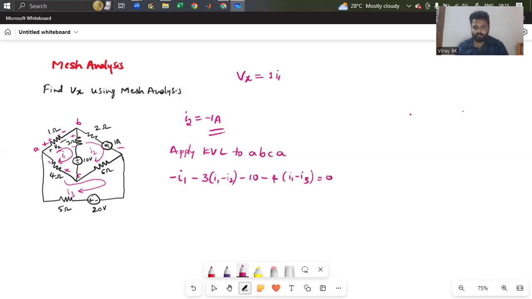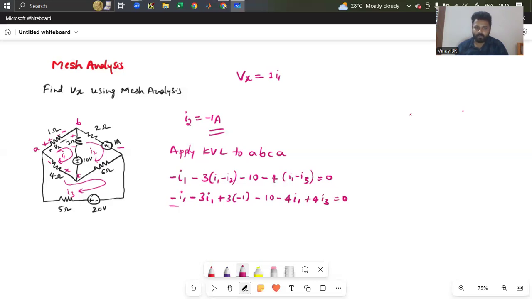Just doing the simplification now: minus I1 minus 3I1 plus 3I2, whereas I2 is minus 1, so plus 3 into minus 1, minus 10 minus 4I1 plus 4I3 equals 0.